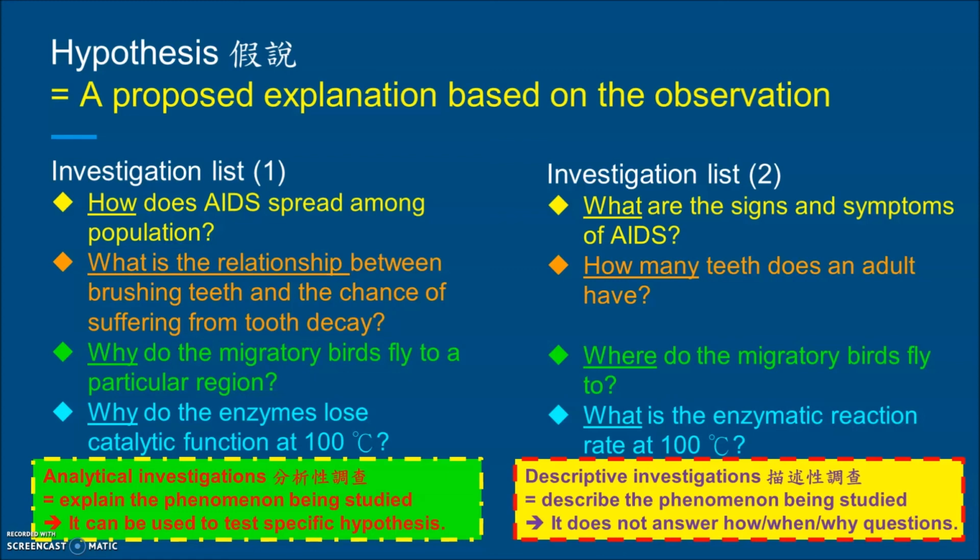They propose that they want to look for more food, or they just would like to escape from the predator, something like this. So we have different hypotheses, the proposed explanations, and then we try to check them. So that's why we do the experiment, we do the investigation.